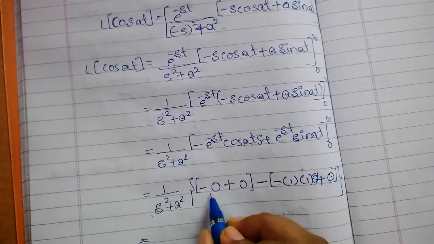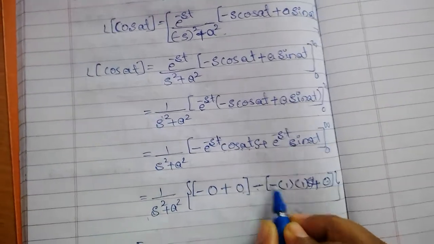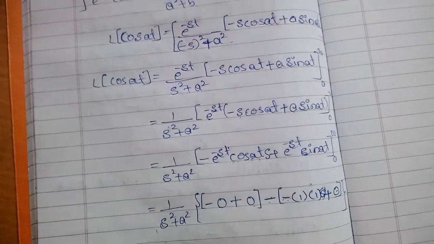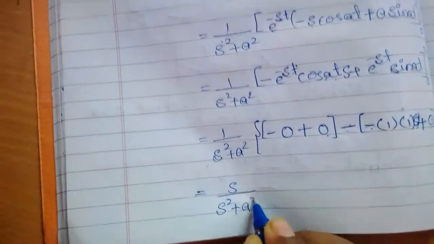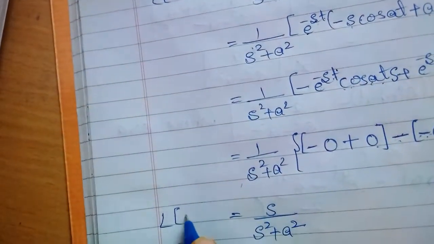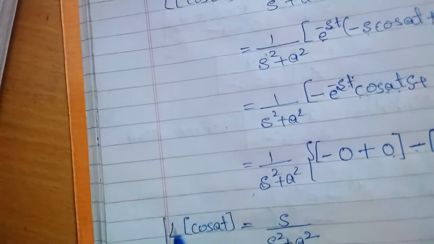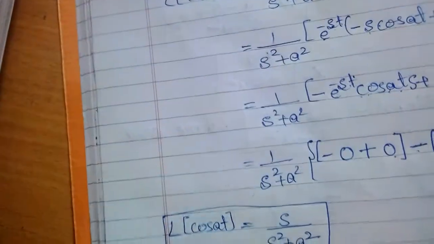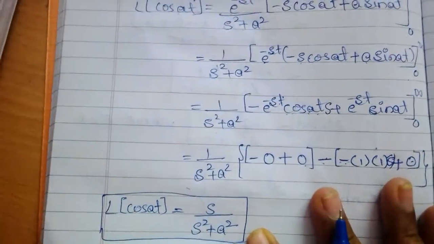Therefore minus 0 plus 0, minus into minus plus s here. Therefore s divided by s square plus a square. Therefore Laplace transform of cos at is s divided by s square plus a square. Okay.